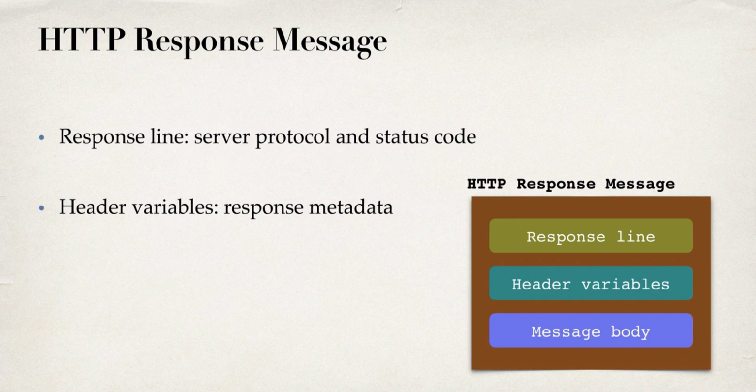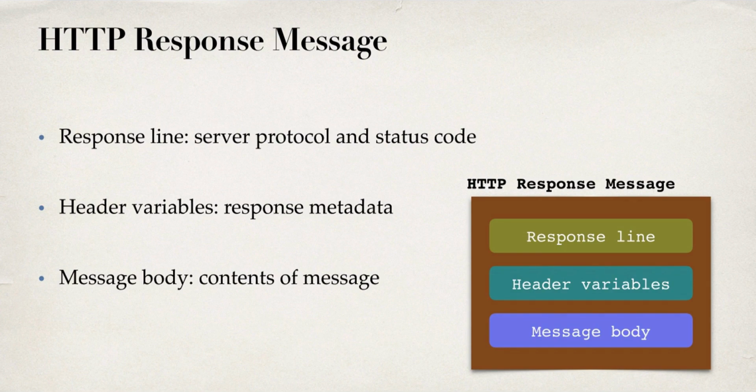So this is the actual information about the data. So the content type of the data, if it's XML or if it's JSON, the size or length of the data. And then there's the message body, so the contents of the message. So if you said, hey, give me a list of all customers, then that list of data will actually come back in the message body as either XML or JSON, depending on how the server is configured.